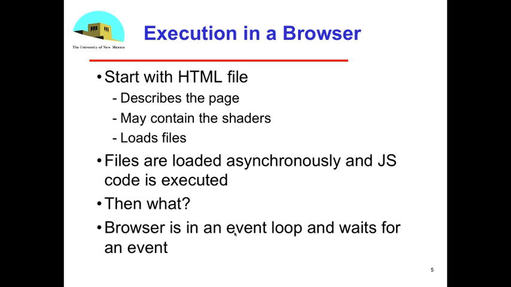So it's describing the page that you see. The HTML file, we're going to put the shaders in the HTML file, but there are other ways to do that. But the important things is, one, it describes the page, and two, it loads in a sequence of JavaScript files which have the application that we want to run in them and all the utilities we need in our matrix vector package.